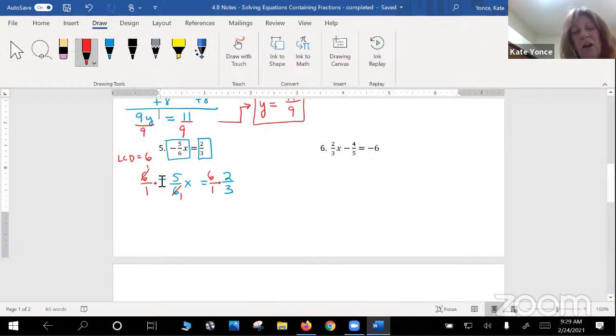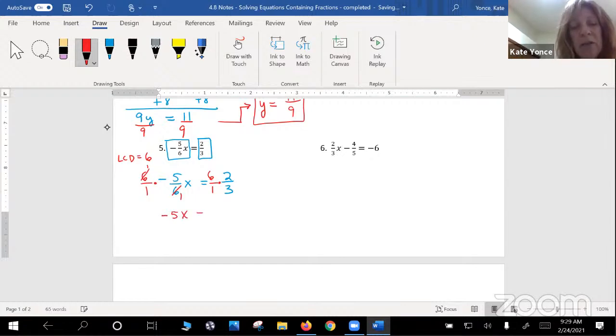See, this 6 is gone and this 6 is gone and it became a 1. So now we have 1 times -5x. So what's 1 times anything? 1. No. 1 times anything is the number you're multiplying by 1. Oh, -5x. Right. Yeah, 1 times anything is that other number.